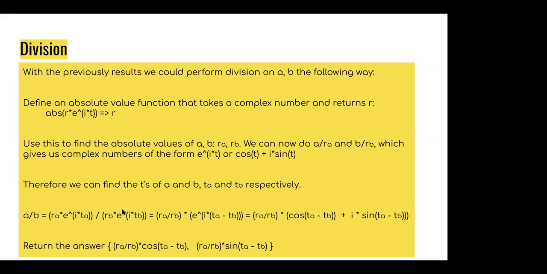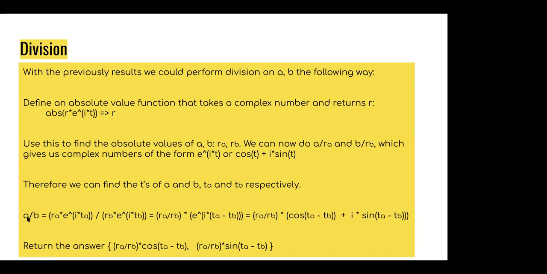So with that in mind, if you follow this maths here, it's pretty scrunched up. I'll quickly try and go through it. A divided by B, I've rewritten in that form. So I've got R_A times e to the power of i t_A, and then likewise for B, except it's divided.